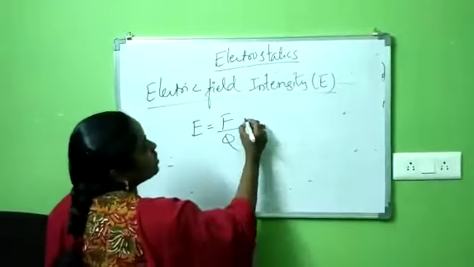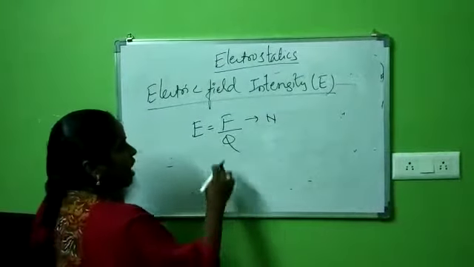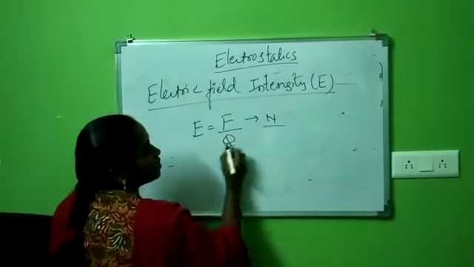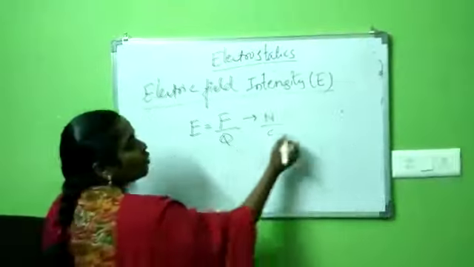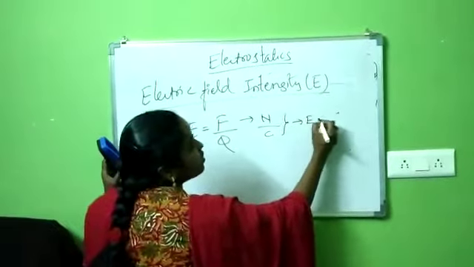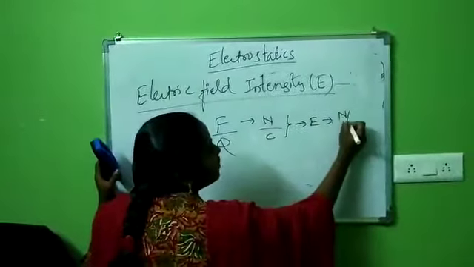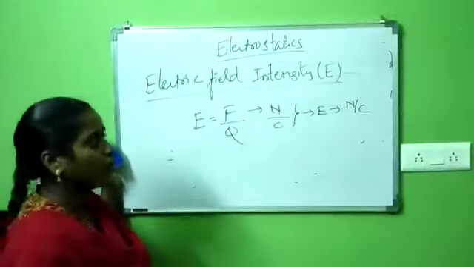As we know, the unit of force is newtons and the unit of charge Q is coulombs. So the unit of electric field intensity will be newton per coulomb.